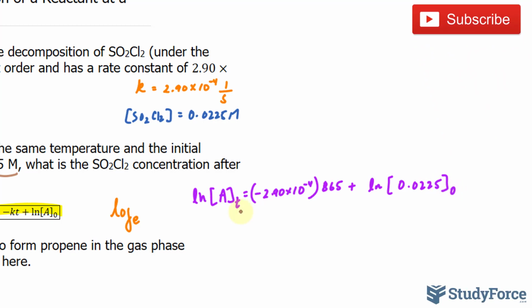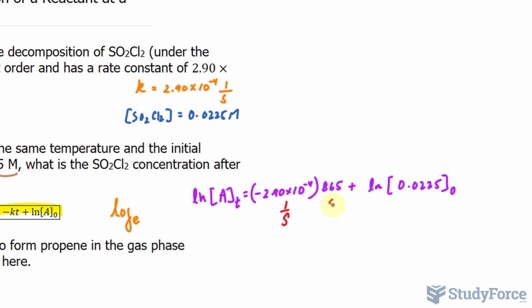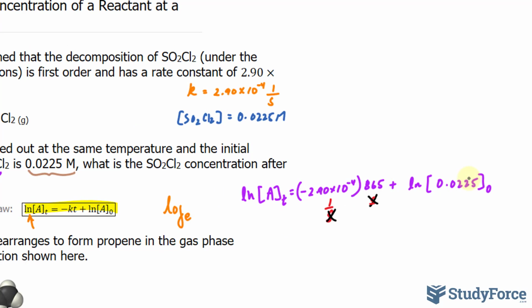I haven't written down the units, but over here we would have 1 over s, and over here we would have s. The s units would cancel out, leaving us with a unitless number. Therefore, the only unit that would be remaining is the one here, which is in molars.